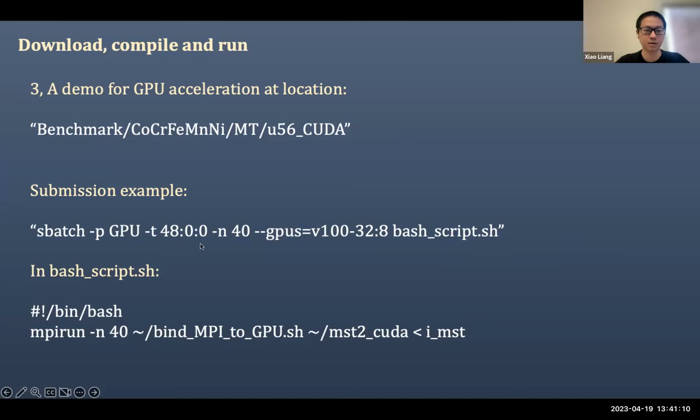When you submit to the GPU nodes on Bridges-2, you should consider how many GPUs you will use. And the important thing is that you should divide the MPI processes across the multiple GPUs. So you need to include this script file. It's also included in this location. Then you can run the code. Yes, this is basically the procedure.